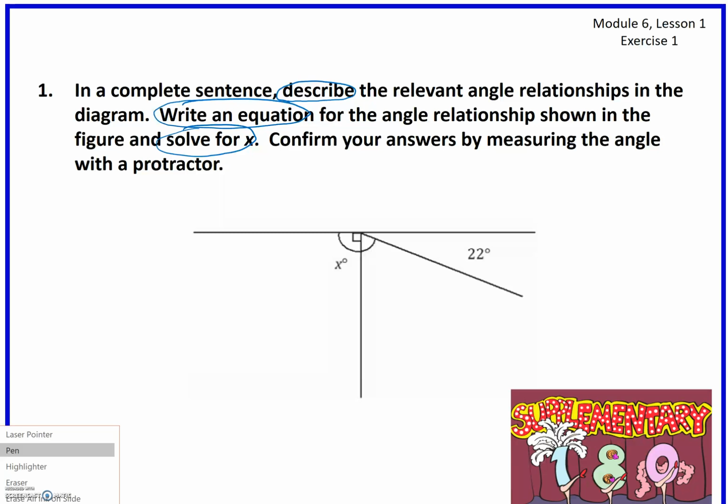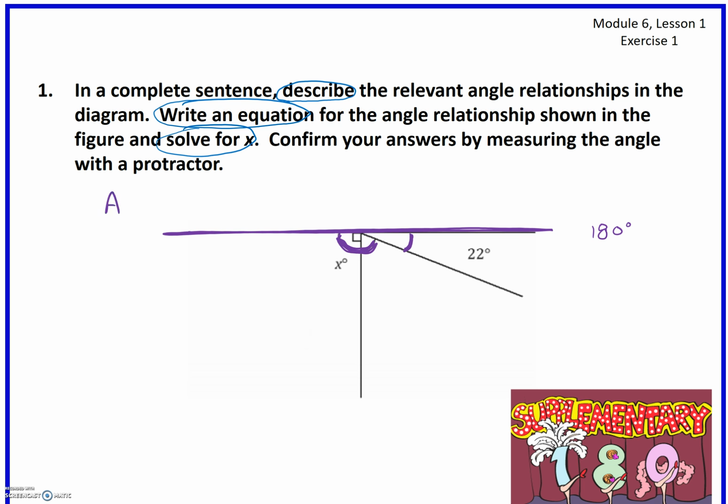We're going to take a look at the diagram, and we're going to observe that this line is straight, which means it is 180 degrees. So we know that 22 degrees and x together combine to make this 180 degree line.